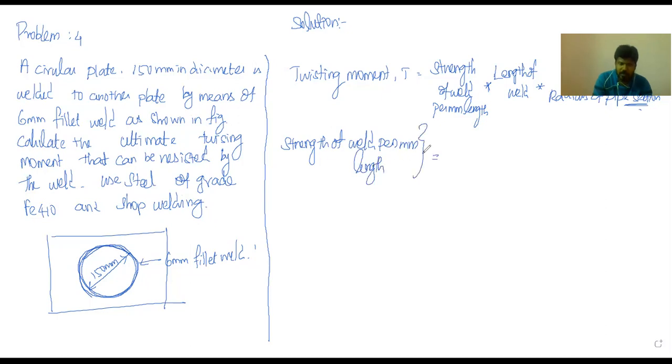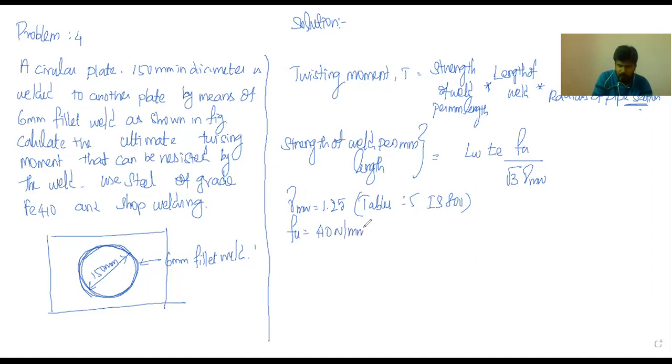Which is nothing but Lw into te into fu divided by root 3 into gamma mw. Shop welding, so gamma mw value is 1.25 from table 5 of IS 800. Next one is fu, they have given as 410 Newton per mm square.